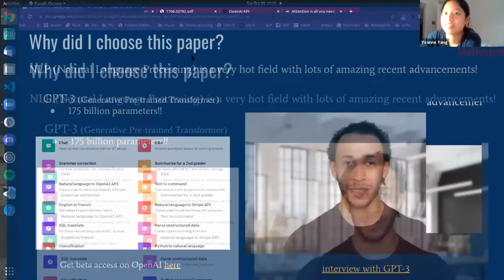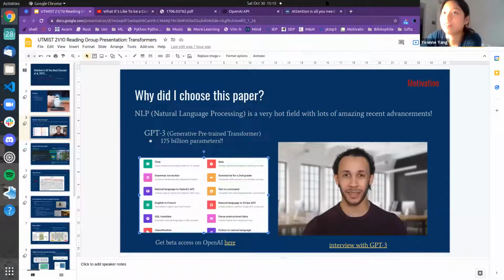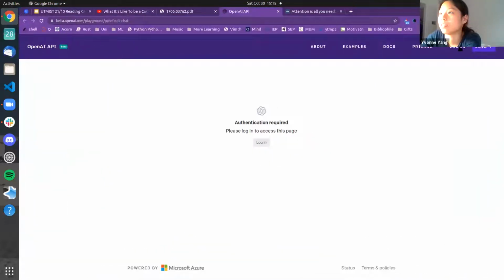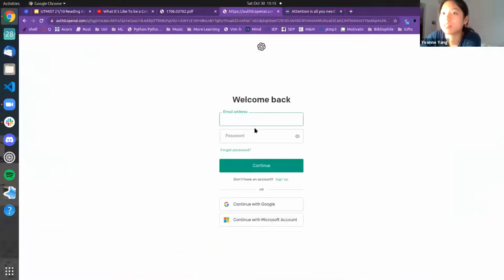We can take a look at all of these options that they offer on OpenAI. I'm just logging in here. You can get access to GPT-3 via OpenAI beta. You just have to do a little application and write a blurb about why you need it, but they essentially give it to everybody.